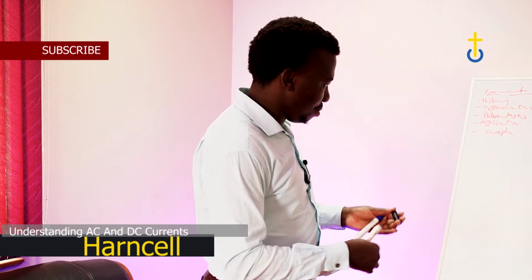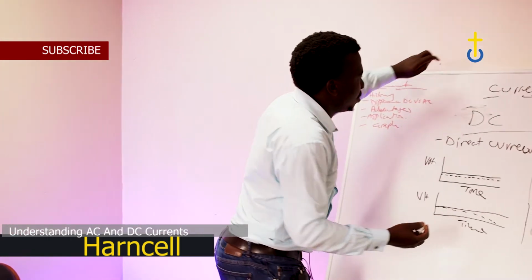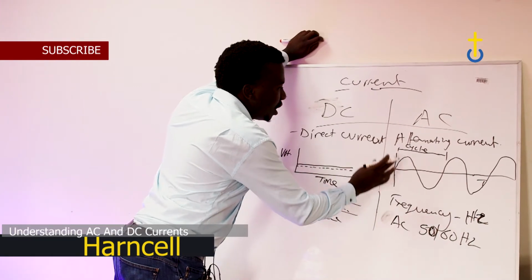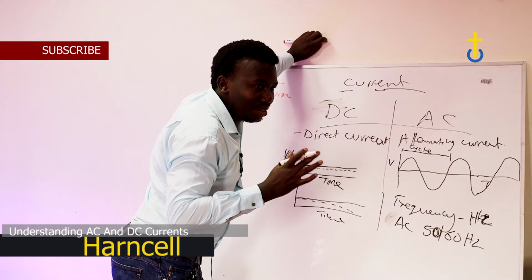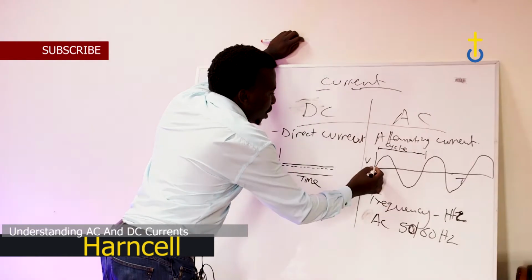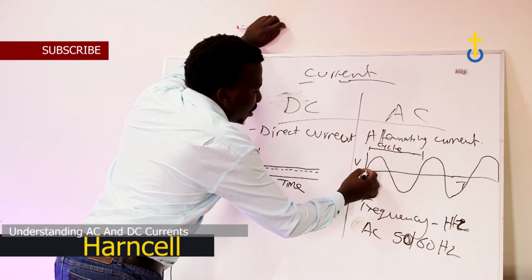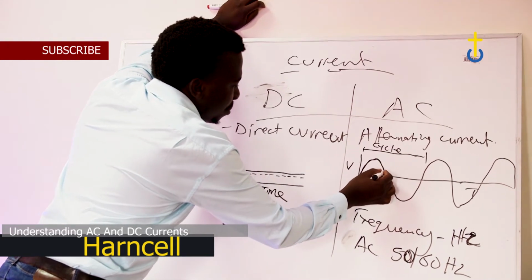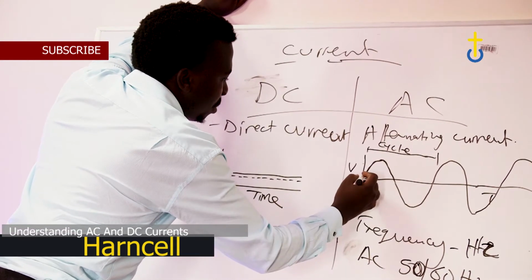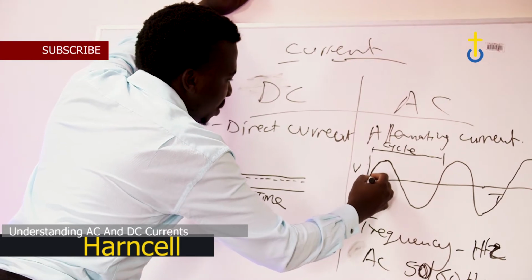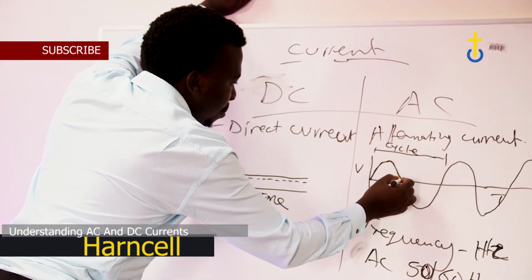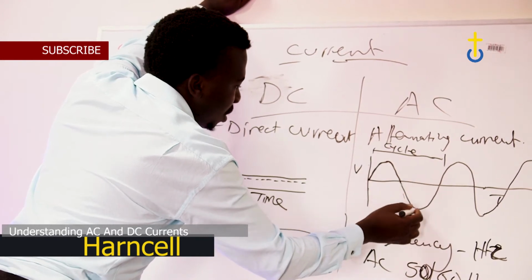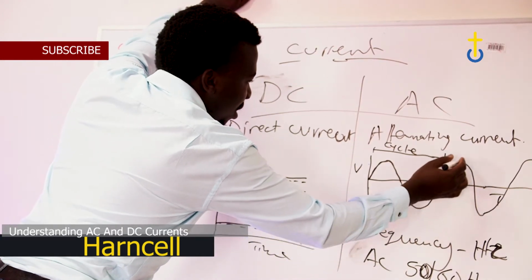So if you see this, or back to the wave, if it is slowed down to a level that the eyes can see, you realize that when the current is positive, the bulb will light. Let's take for example, it's a bulb we are lighting. When the current is positive, the bulb goes brighter. Then when it is negative, the bulb goes dimmer, brighter, dimmer.